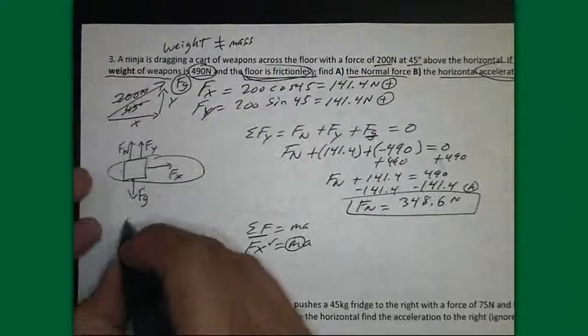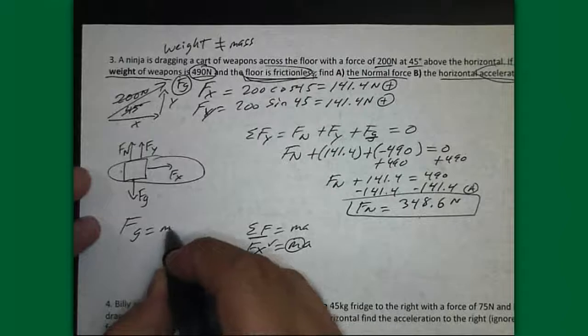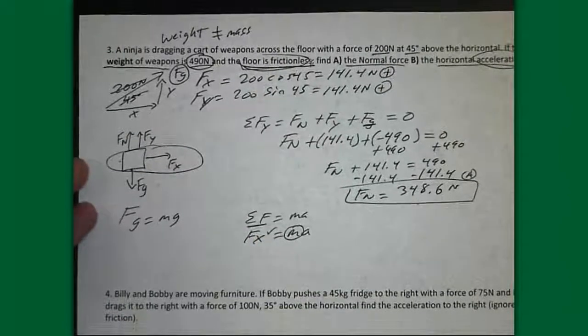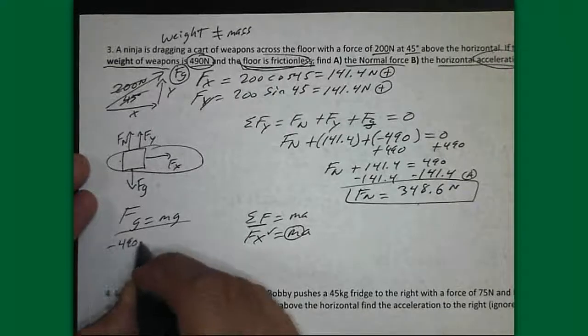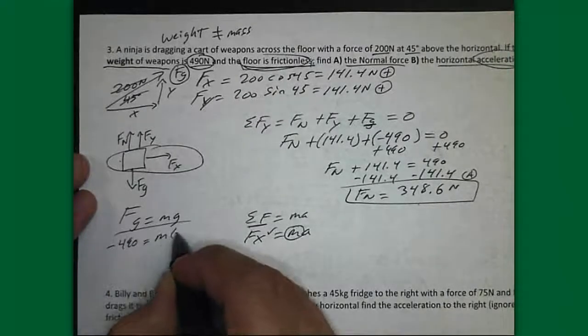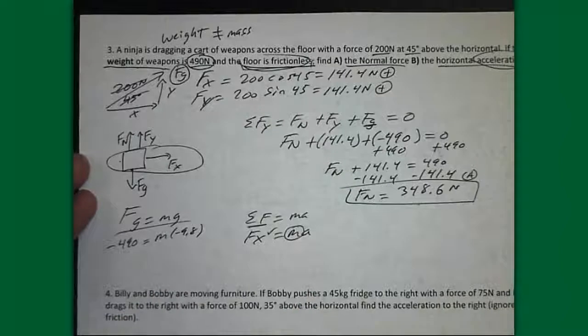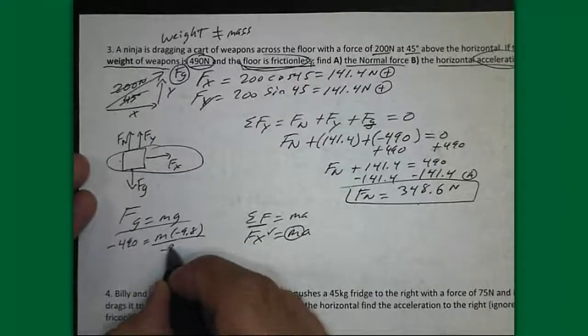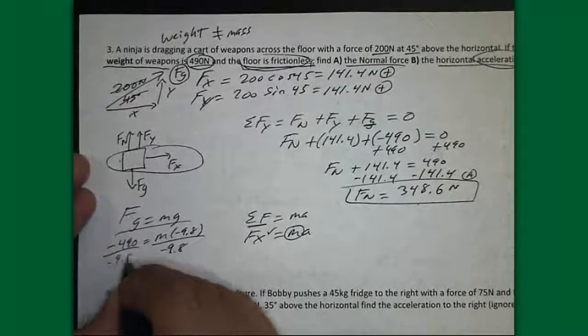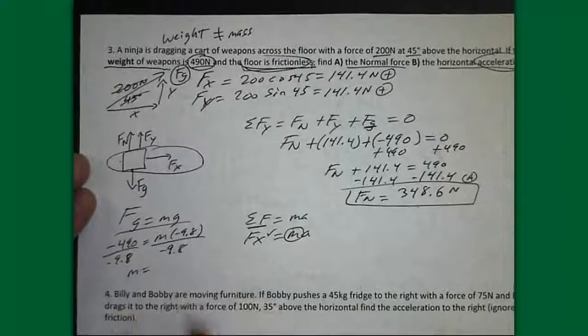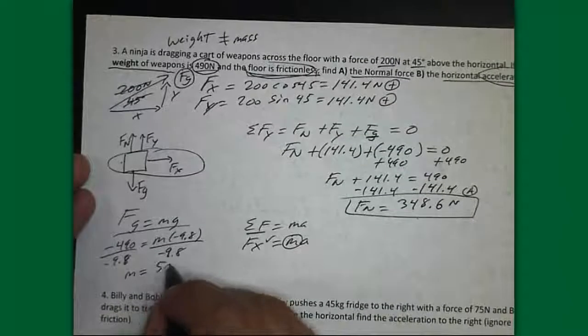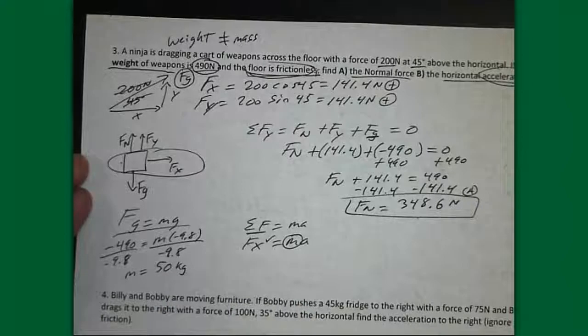Well, they did give me the weight, and I know that the weight, or the force of gravity, equals the mass times the gravity. So I can use this equation to solve for the mass. Negative 490 equals mass times negative 9.8. Divide by negative 9.8. And that gives me a mass of 50 kilograms exactly.